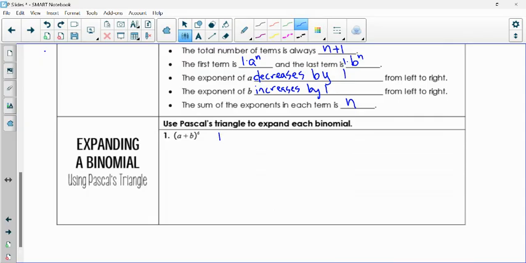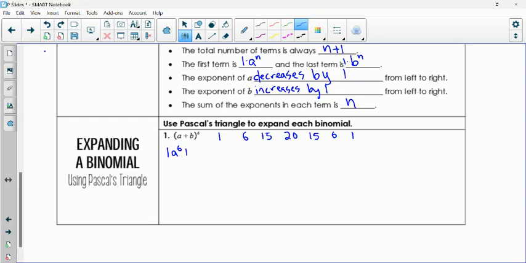It goes 1, 6, 15, 20, 15, 6, and 1. Those are going to be our coefficients. When you start, the first coefficient's a 1, and it always starts with a raised to that power, 1a to the n. So I'm going to start with 1a to the 6th.